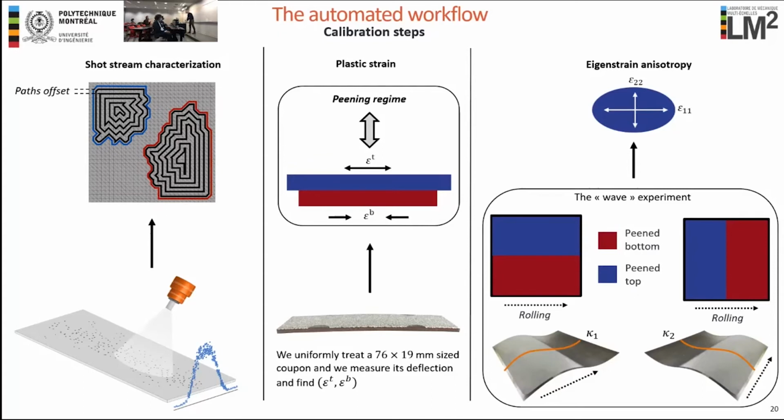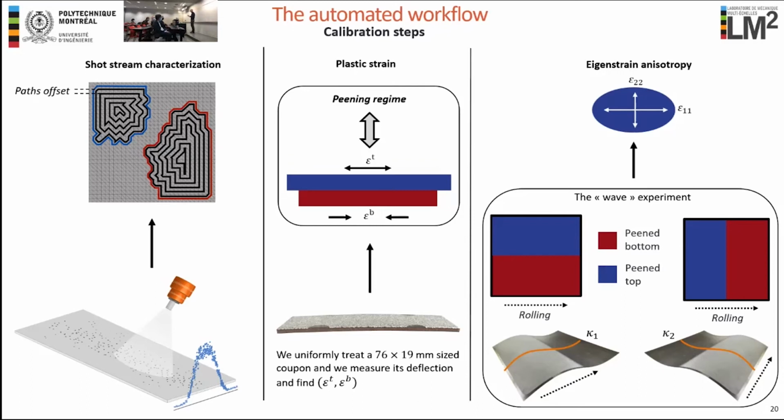And then we treat at least two panels in this fashion, and on one of them, the wave is induced along the rolling direction, and on another plate, the wave is induced in the transversal direction. And this is essentially the objective of the wave pattern, to orient the deformation of the component.